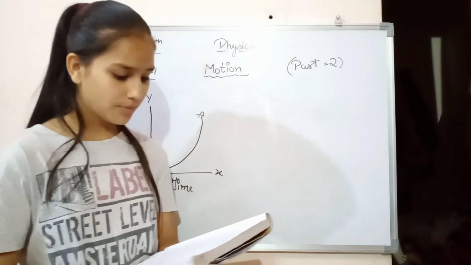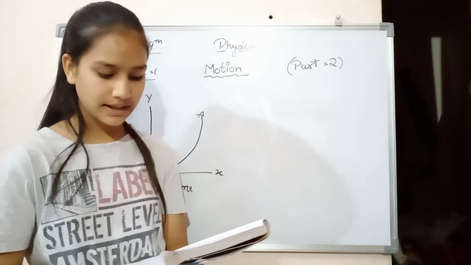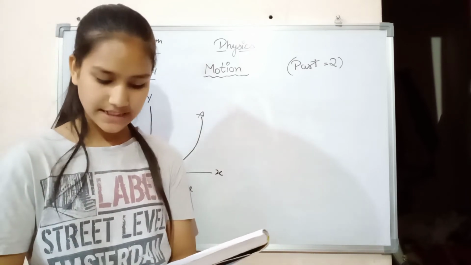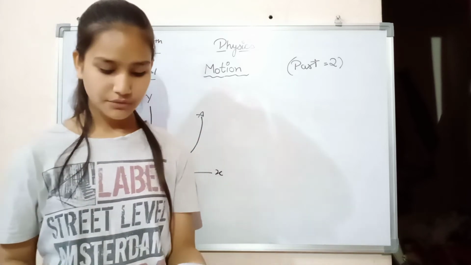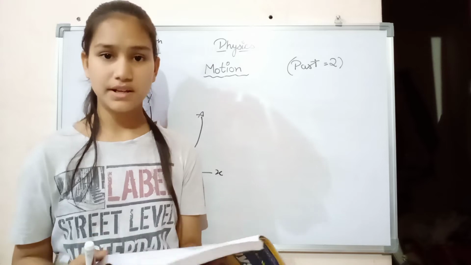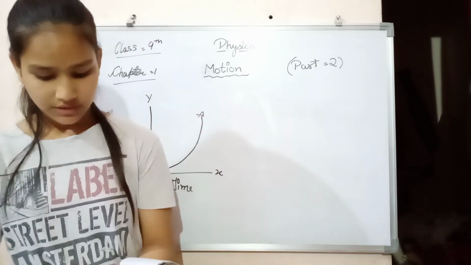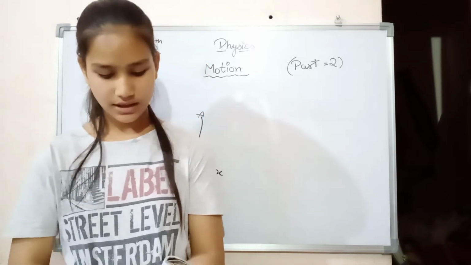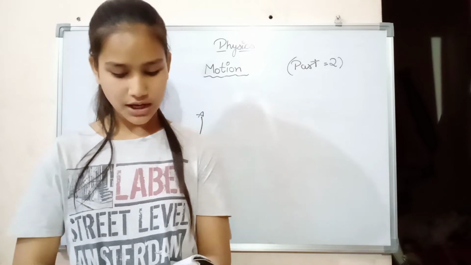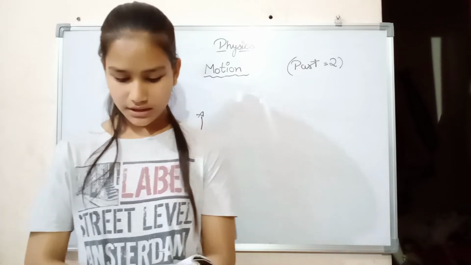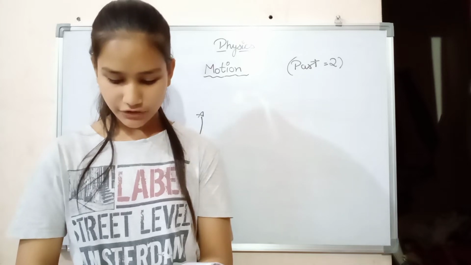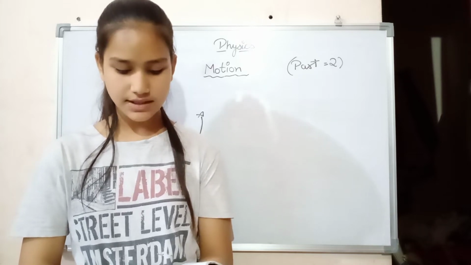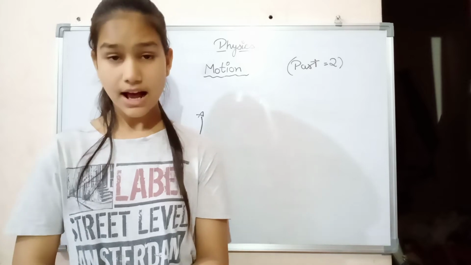Now, the motion of a body can be described by three terms: speed, velocity and acceleration. As I told you already, we are going to discuss speed in this part. So now let us see what is speed. If a car is running slow, we say that its speed is low, and if the car is running fast, then we say that its speed is high.